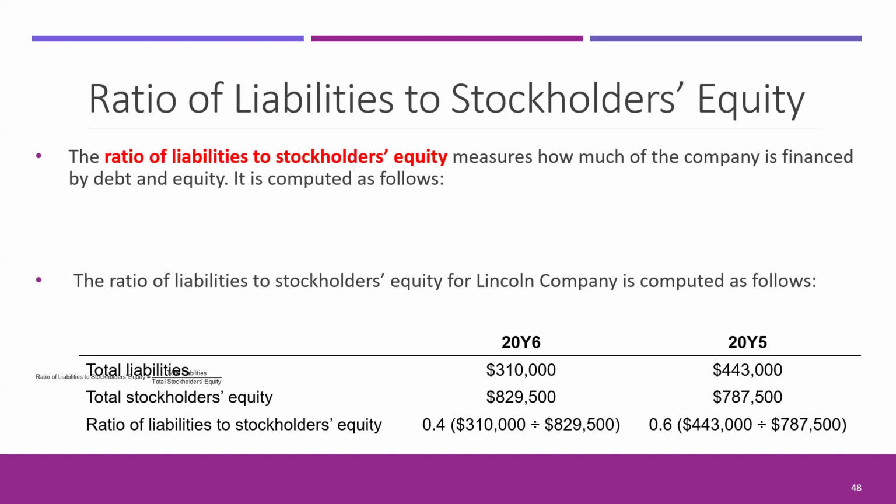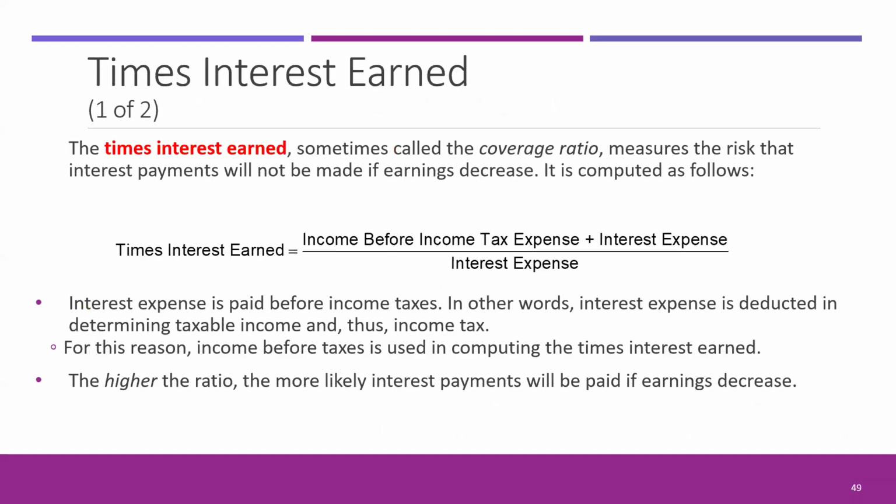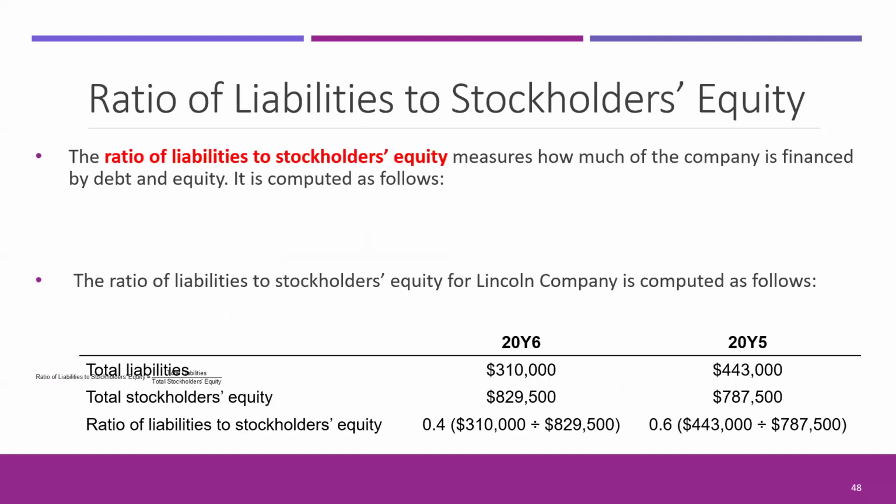So a ratio of 1 would be that they're equal. Greater than 1, liabilities are more. Less than 1, stockholders' equity is more. It shows a lot about the capital structure of the business more than anything.